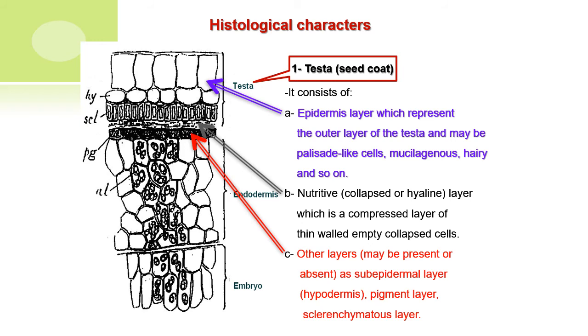The last layer is the pigment layer, followed by the endosperm, containing aleurone grains and fixed oil, and followed by the elongated or columnar cells of the embryo, also containing aleurone grains and fixed oil globules.